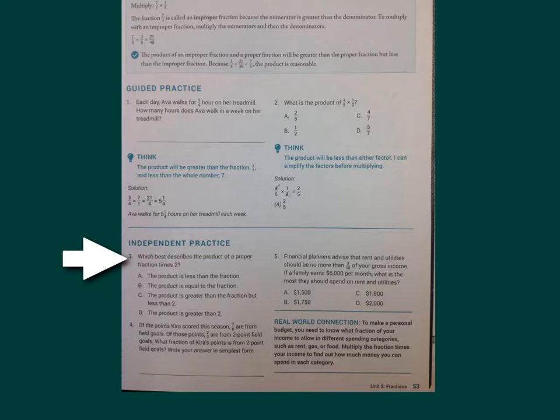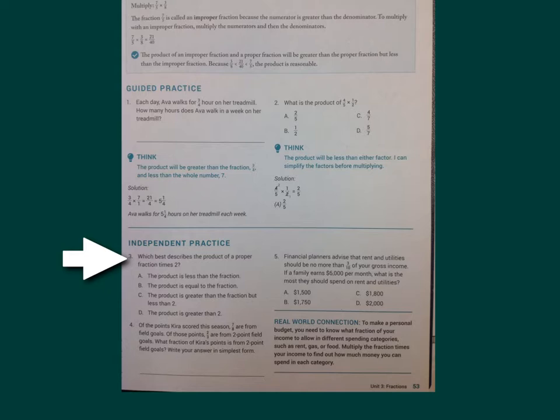So with that being said, A says the product is less than the fraction. No, that is not correct. B, the product is equal to the fraction. No. C, the product is greater than the fraction but less than 2. And that is our correct answer. When you multiply a proper fraction by a whole number greater than 1, the product is between the fraction and the whole number.